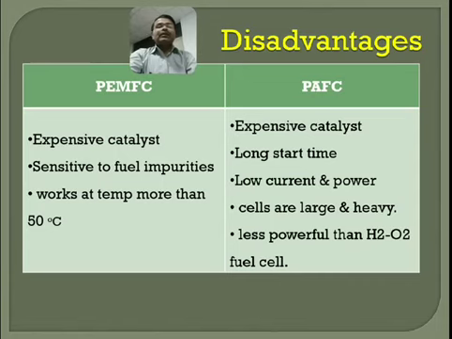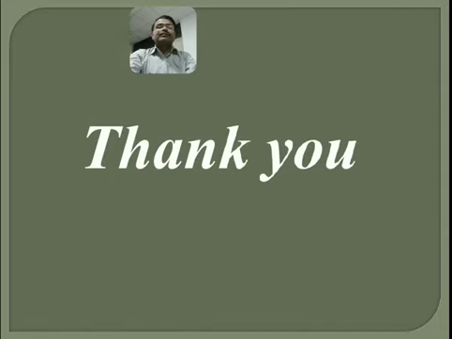While PAFCs have disadvantages such as long startup time, low current and power. These cells are larger and heavier, and they are even less powerful than hydrogen-oxygen fuel cells. So these are some of the disadvantages given in a comparative way. That's it. Thank you.